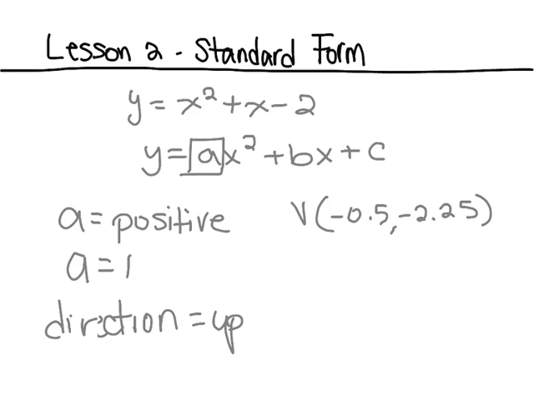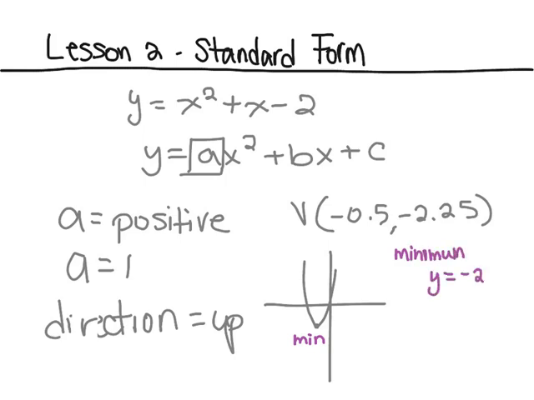And so if we draw a quick sketch, just a quick one, we have our vertex here and it goes up from here. So we know that we'll have a minimum value. So our minimum is y equals negative 2.25. Our axis of symmetry is x equals negative 0.5.